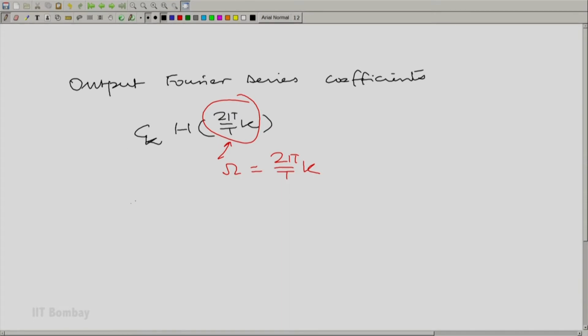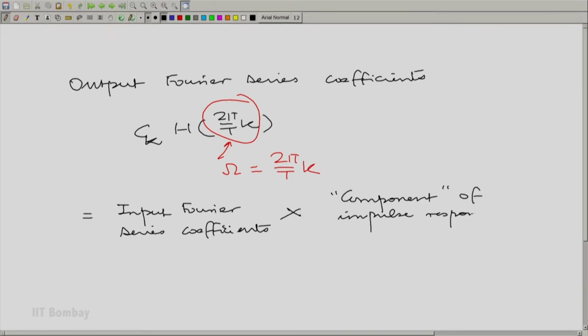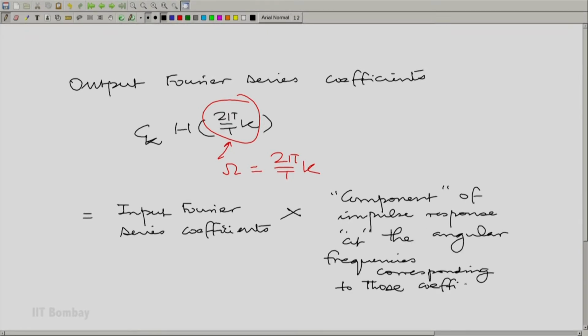So, the product is the input Fourier series coefficient at that frequency multiplied by the component of the impulse response at the angular frequency or frequencies corresponding to those coefficients. So, it is essentially as if you were taking component by component and multiplying by the corresponding component of the impulse response, component of the input multiplied by component of the impulse response, simple enough.